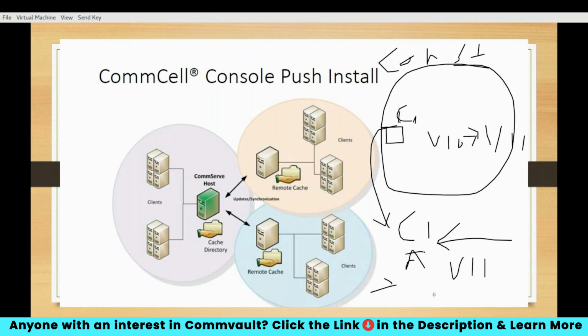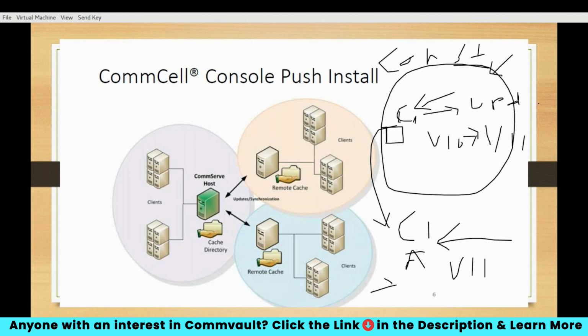Correct. So the easier way available in Commvault is, you can upgrade from the CommCell console itself. There will be an option when you right click the client, you can select an option update software.